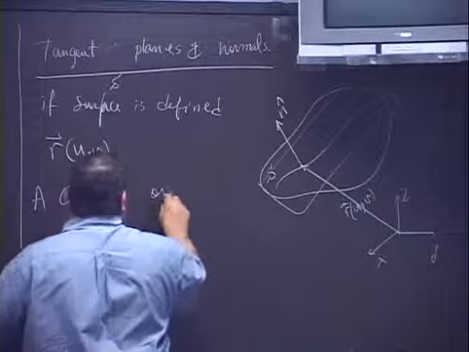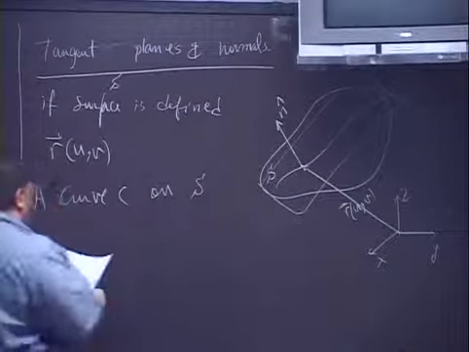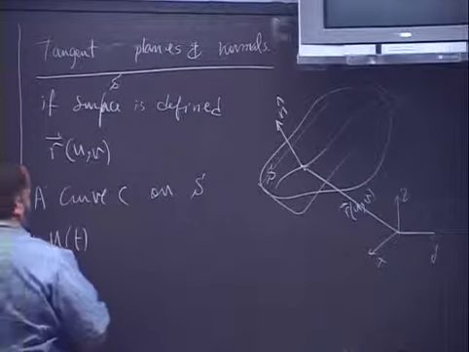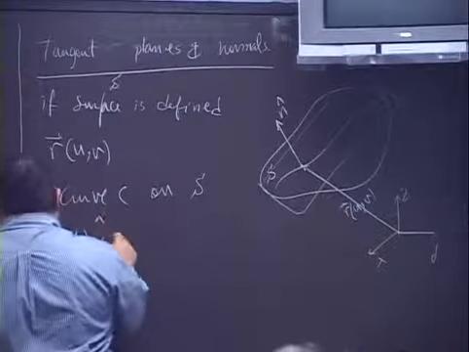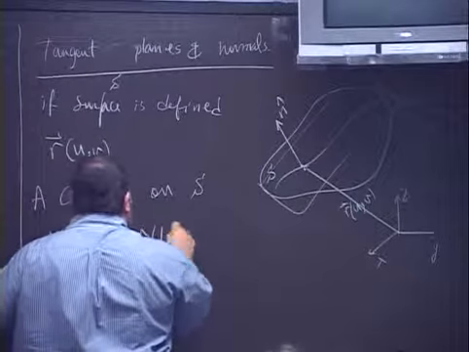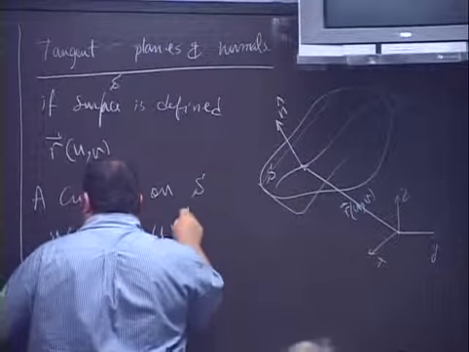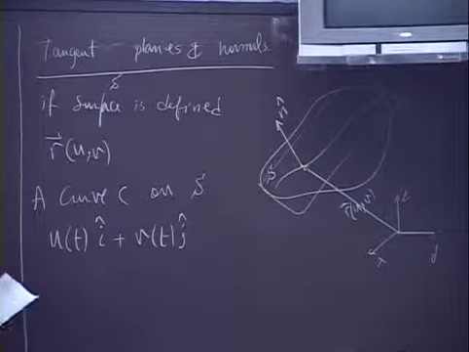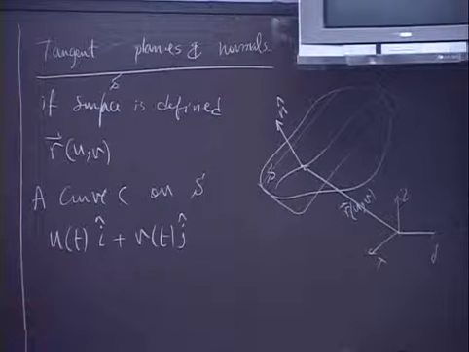Parametrically it is u as a function of time in the i direction plus v as a function of time in the j direction. So this is just a curve on the surface. So what's the tangent to this curve? How do we get the tangent?